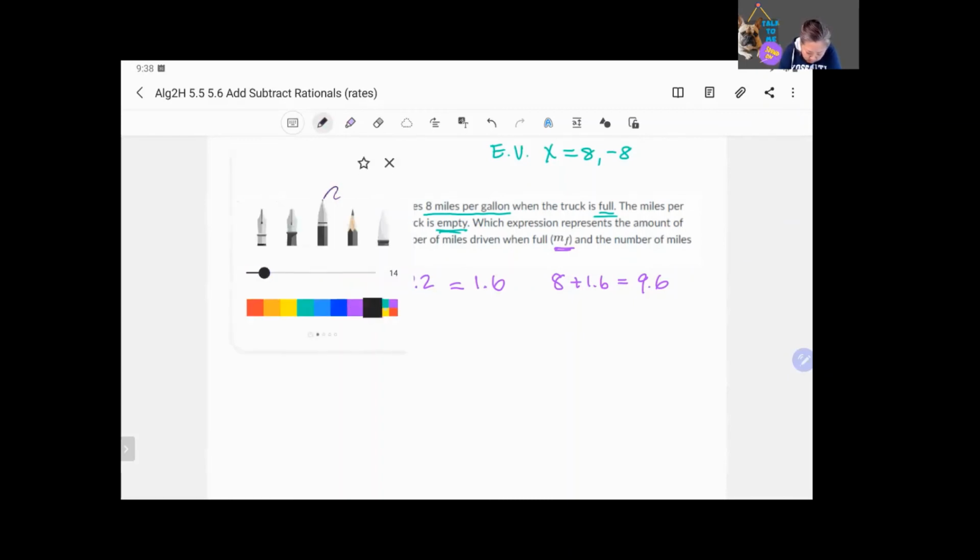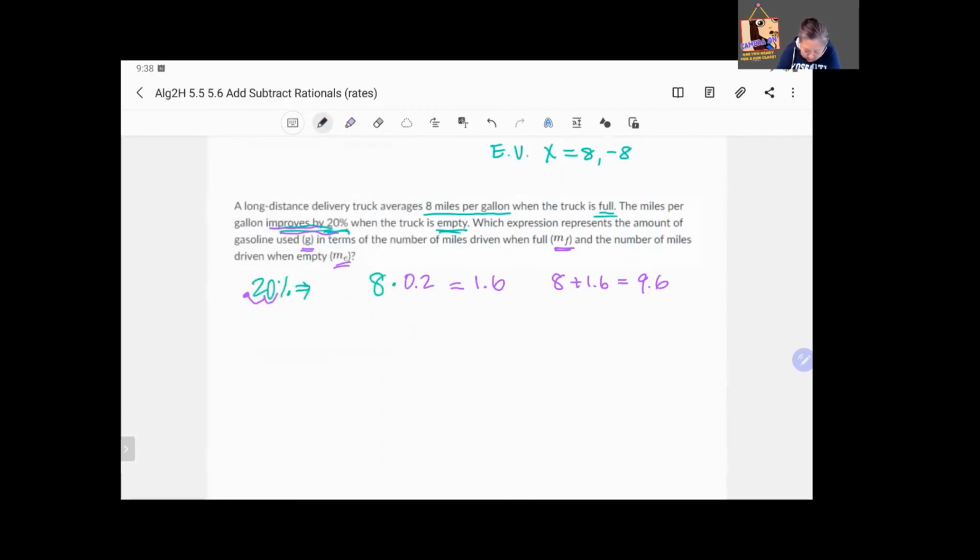First of all, what we are using is miles per gallon. We usually say it as MPG, right? Okay, then miles per gallon is the rate. But focus on what we are finding. What do we find? The gasoline.